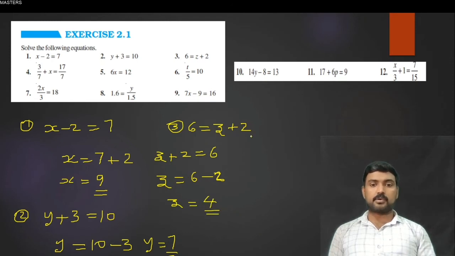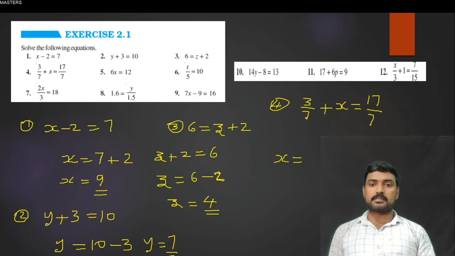Now we can go on to discussing the fourth question. Question number 4: 3 by 7 plus x is equal to 17 by 7. Solving an equation means finding the value of x or the given variable. Here the variable is x, so we want to keep x alone on the left side.